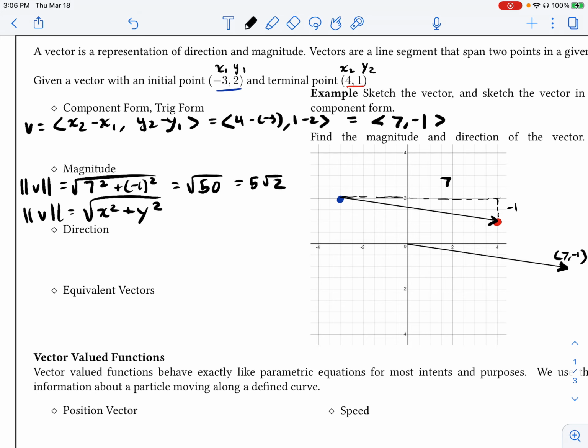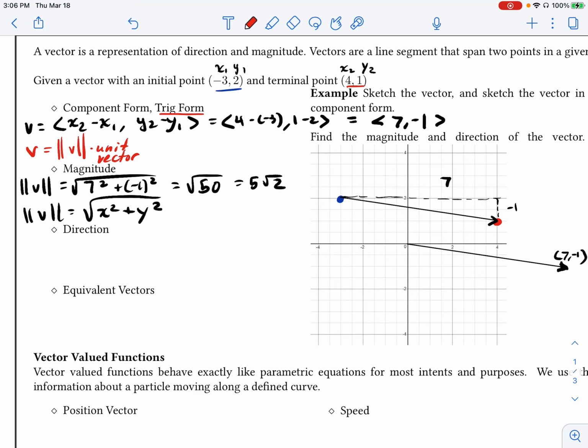Now that we have our vector's magnitude, let's use it to write our vector in what we call trigonometric form, which effectively just means we're going to write this as the magnitude of that vector times the unit vector. And a unit vector is simply a vector with a magnitude of 1.